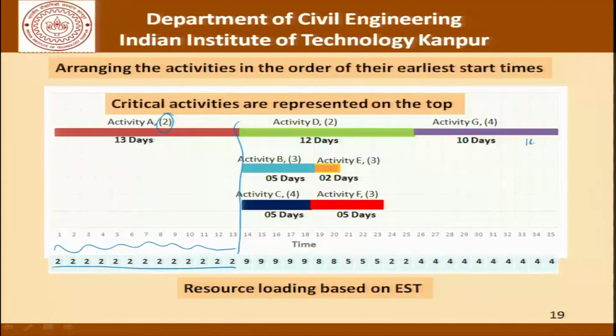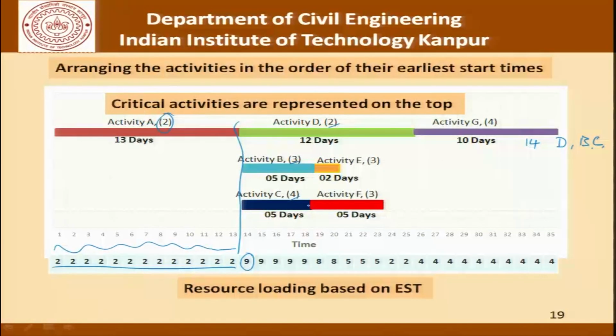Now coming to day 14, we have the possibility of activity D, B and C being carried out. D requires 2, B requires 3 and C requires 4 workers, and therefore the deployment required as far as day 14 is concerned is 9.